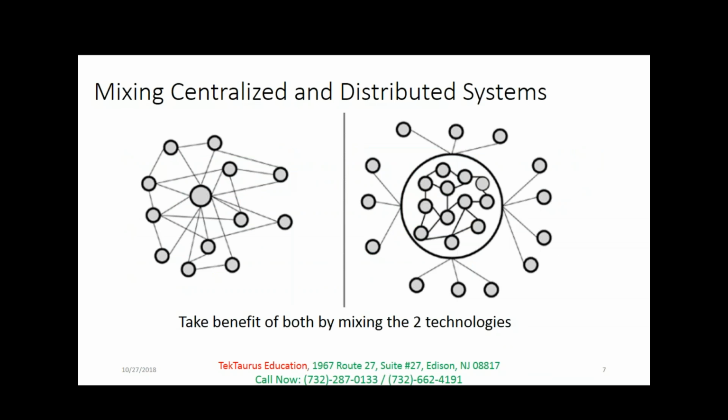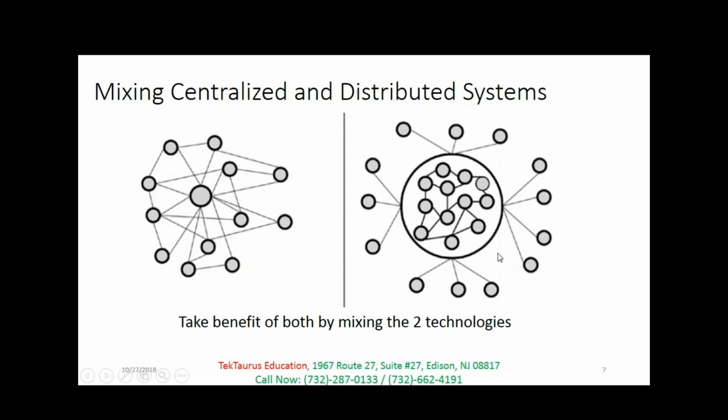Okay, what we can do is mix centralized and distributed systems to take the benefit of these two. On the left side, you can see a network in which every node is connected to different nodes, and it is a peer-to-peer distributed system.